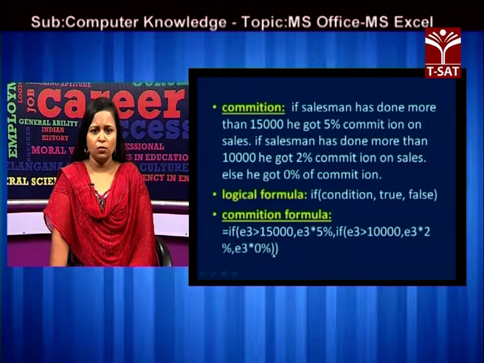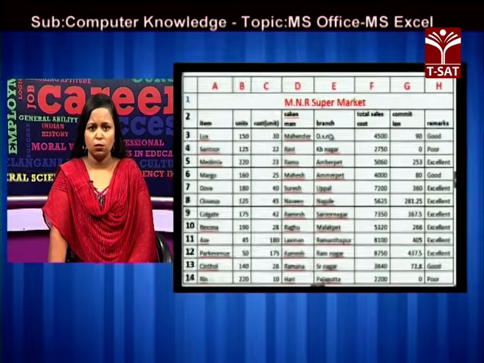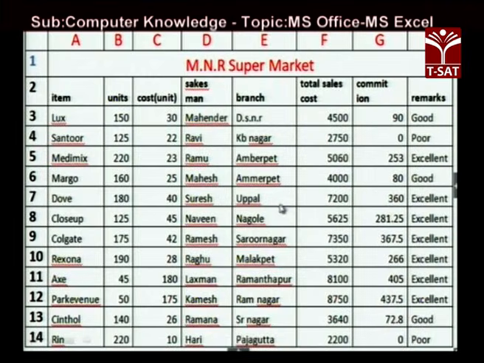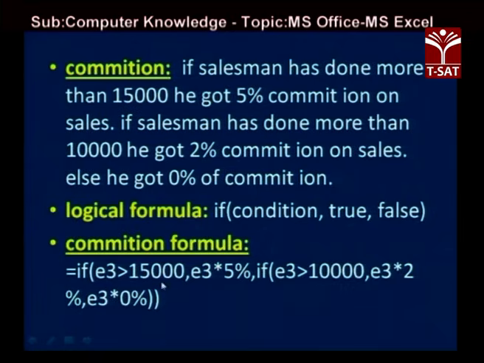So, IF E3, where E is the branch name and F consists of the total cost of sales. If the total cost of sales is greater than 15,000, then it will calculate 5%; for 10,000 it will calculate only 2%. So, this is the commission formula using an IF condition.